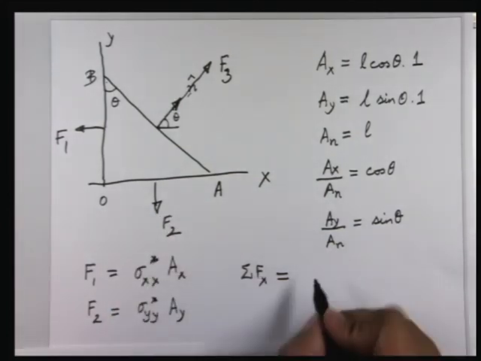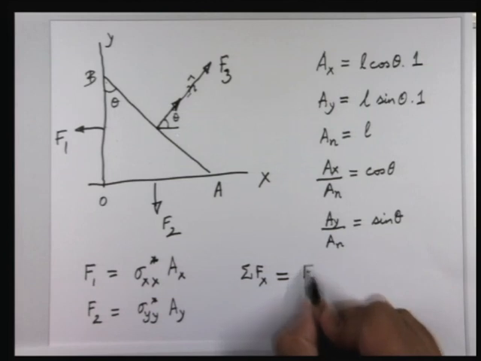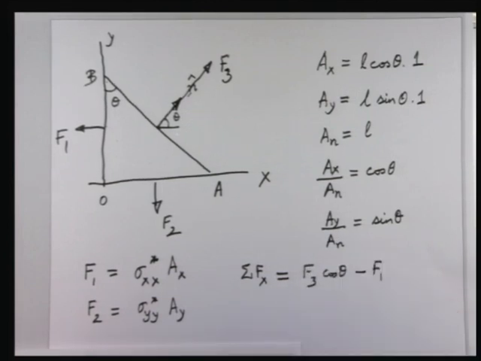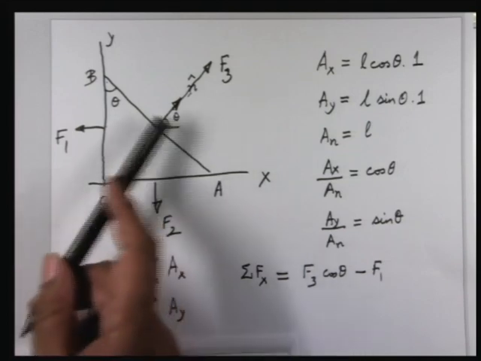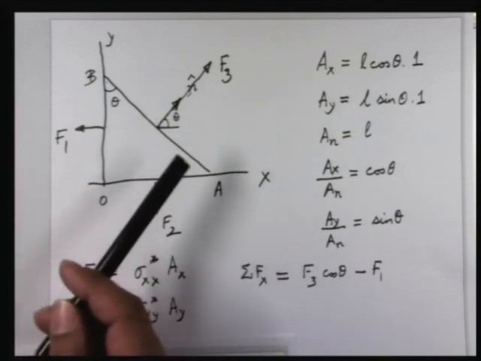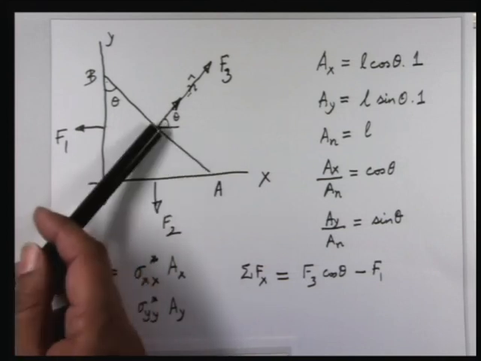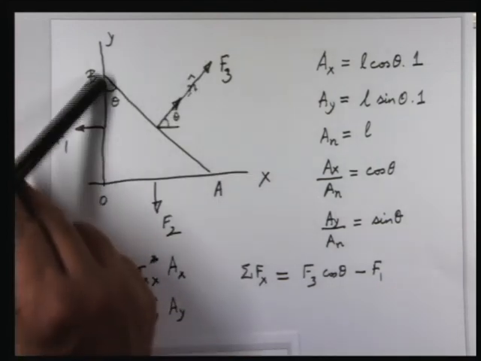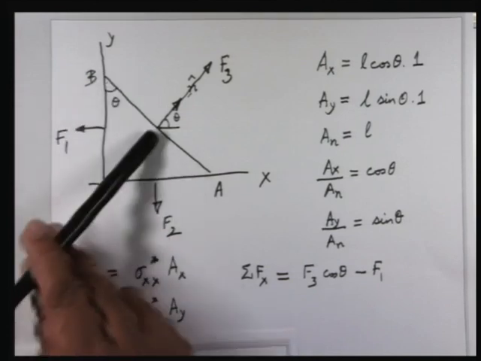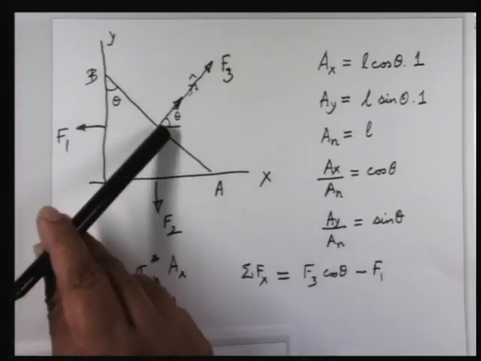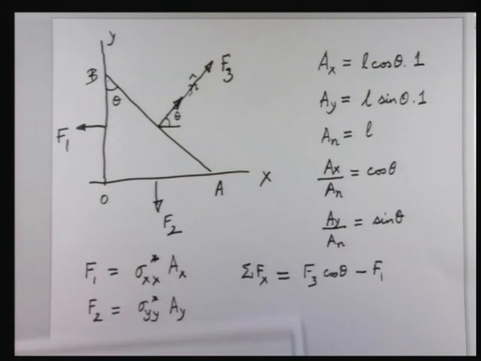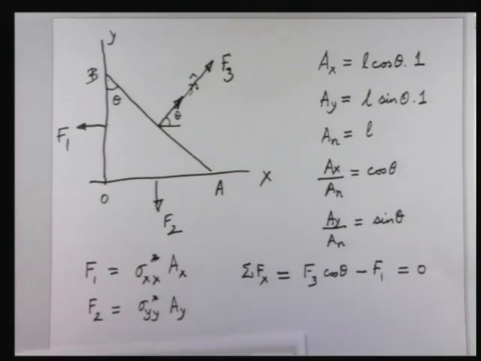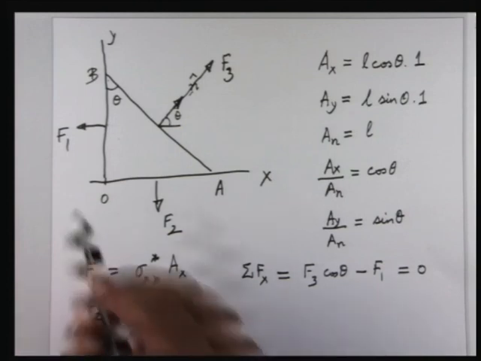So this is going to be F3 cos theta minus F1, because we know there is no shear stress on any surface, so we know the direction of the forces. The direction of the force is going to be normal to the surface. So if I look at the inclined surface, I know the force is going to be normal to this. Okay, and this angle is theta. So this must be equal to 0, because the fluid is in equilibrium.